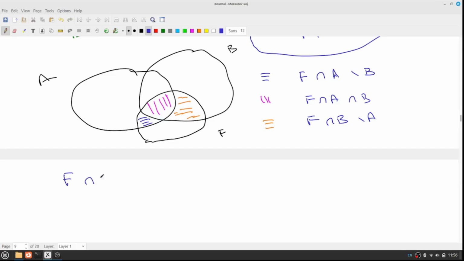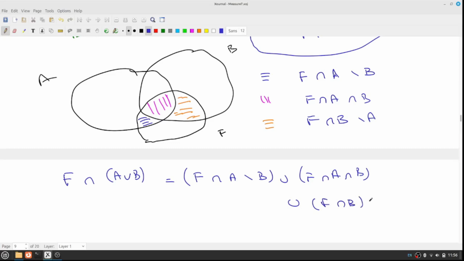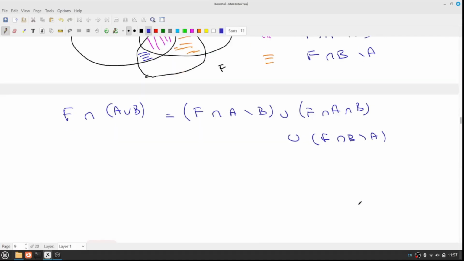F intersection A union B is F intersection A minus B, union F intersection A intersection B, and union F intersection B minus A. Is that clear?